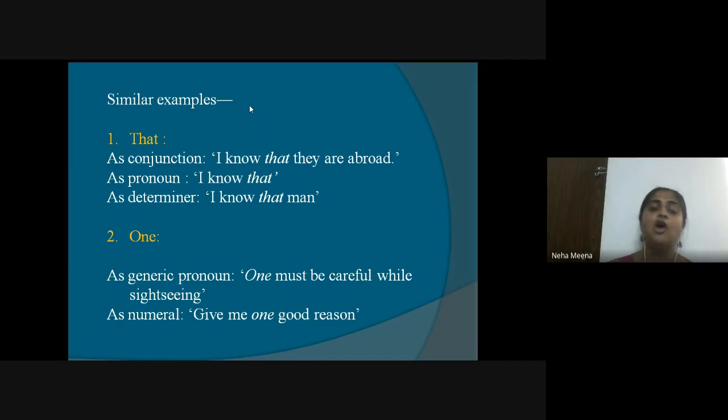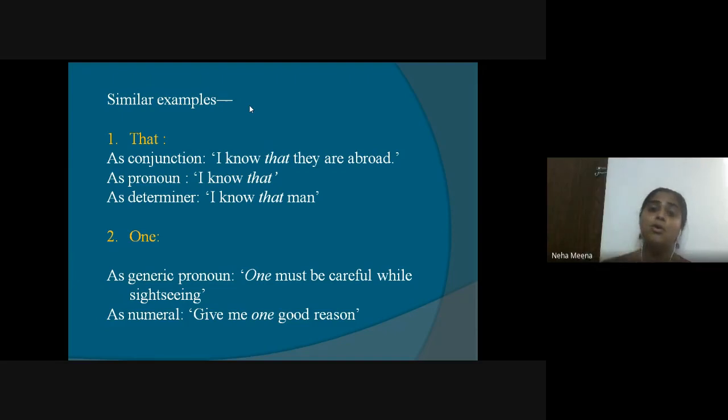When we talk about determiners, what are determiners? Determiners determine the nouns. "I know that man", मैं उस आदमी को जानता हूं.